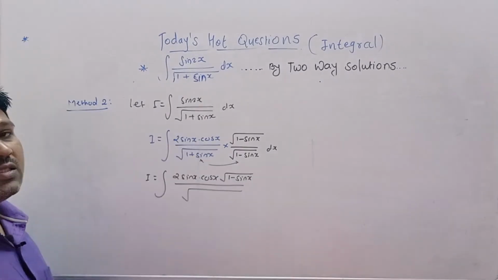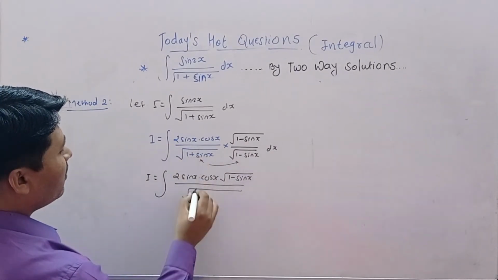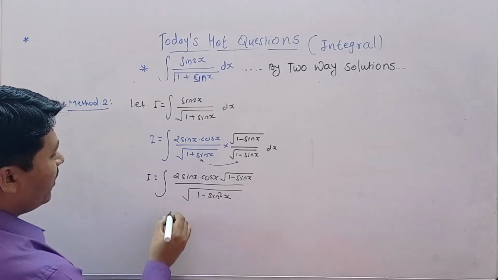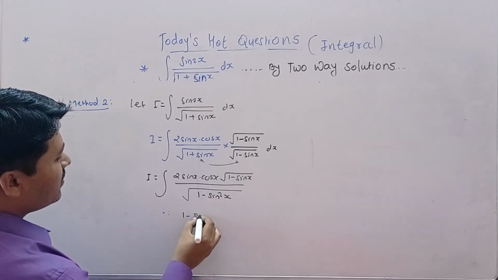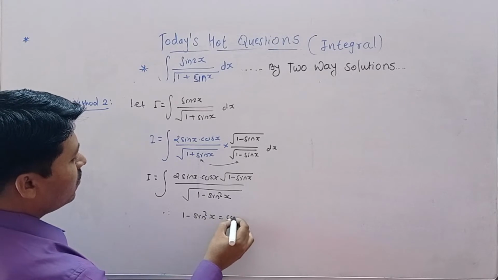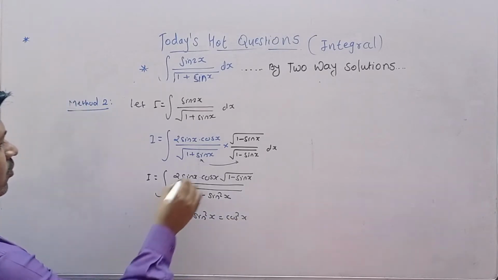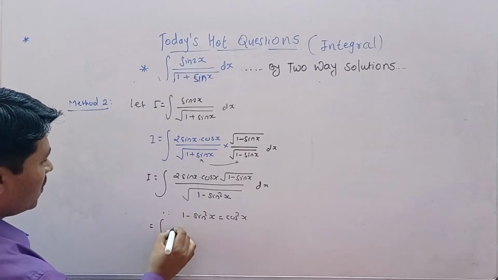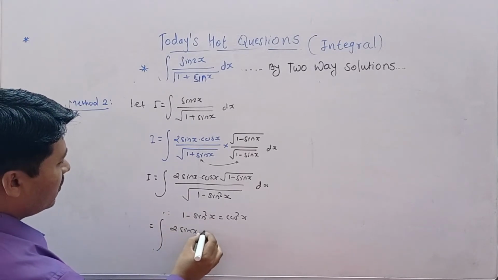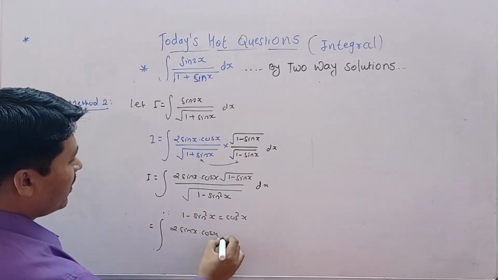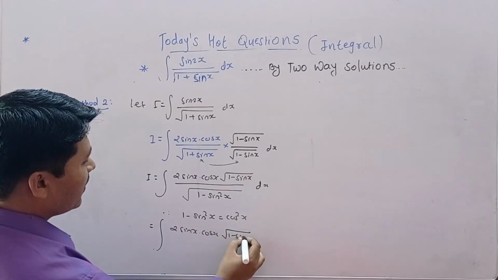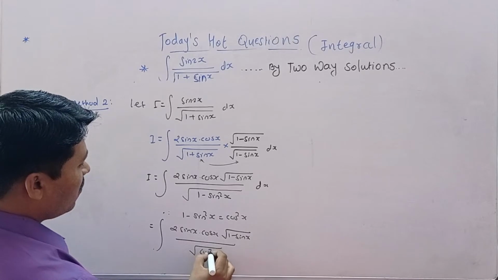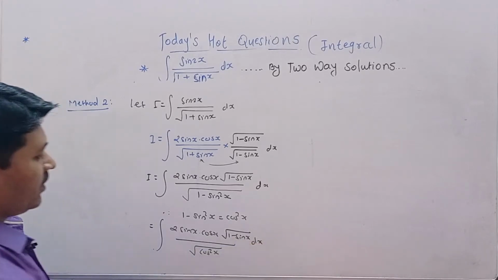1 minus sin x times 1 plus sin x, that means we get 1 minus sin square x, and we know that 1 minus sin square x is equal to cos square x. Therefore this above integration we can write as 2 times sin x into cos x under root 1 minus sin x, divided by this term under root cos square x, dx.